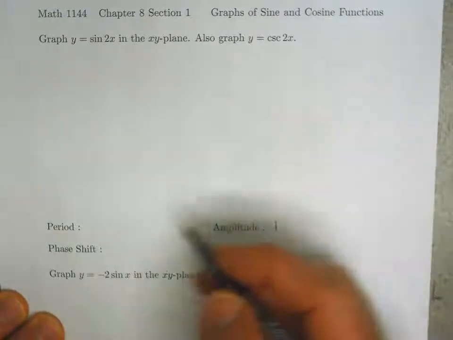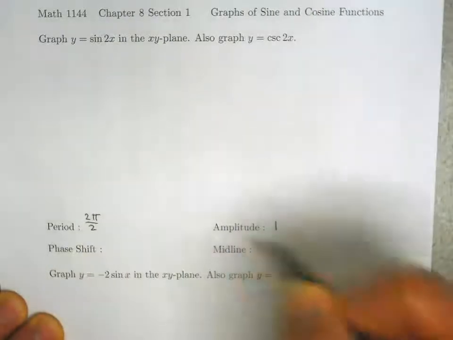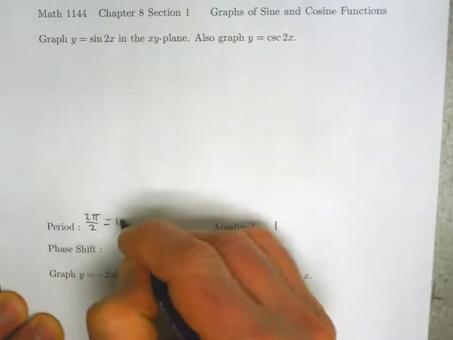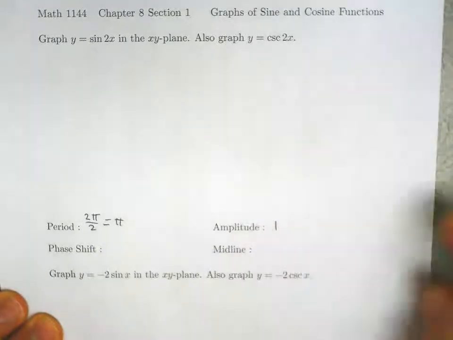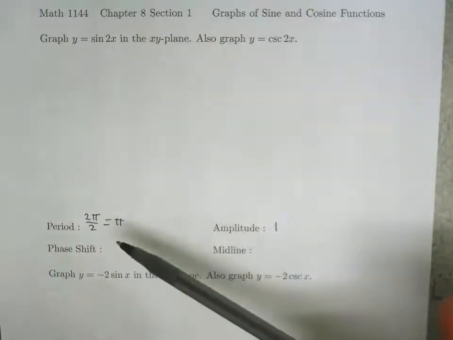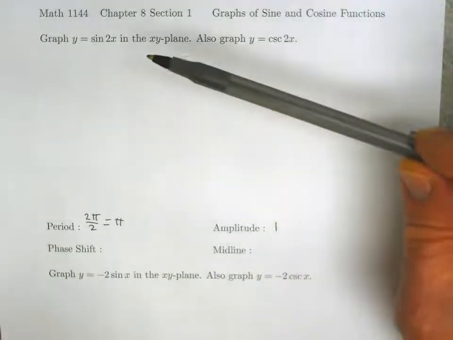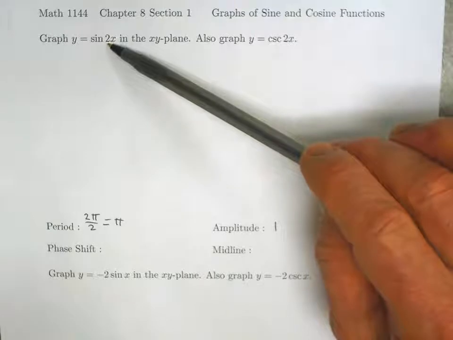The period is 2 pi divided by 2, or pi. Since we have sine of 2x, we determine the period if we divide 2 pi by the absolute value of the coefficient of x.